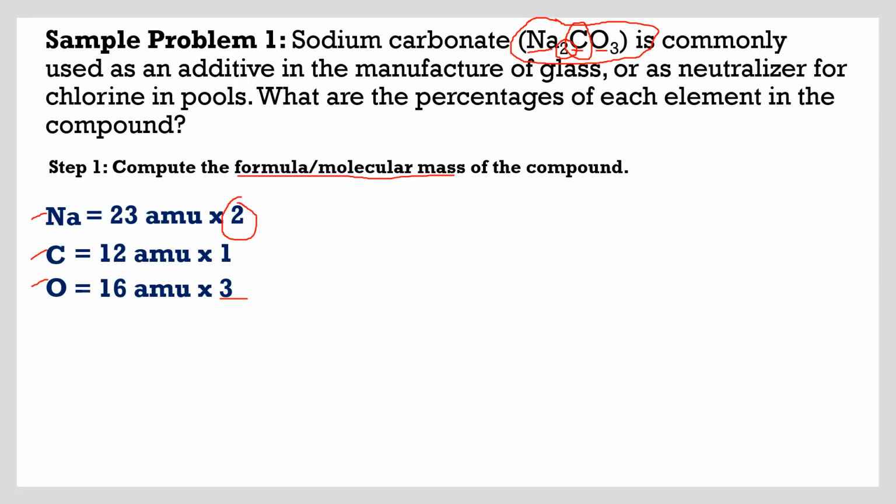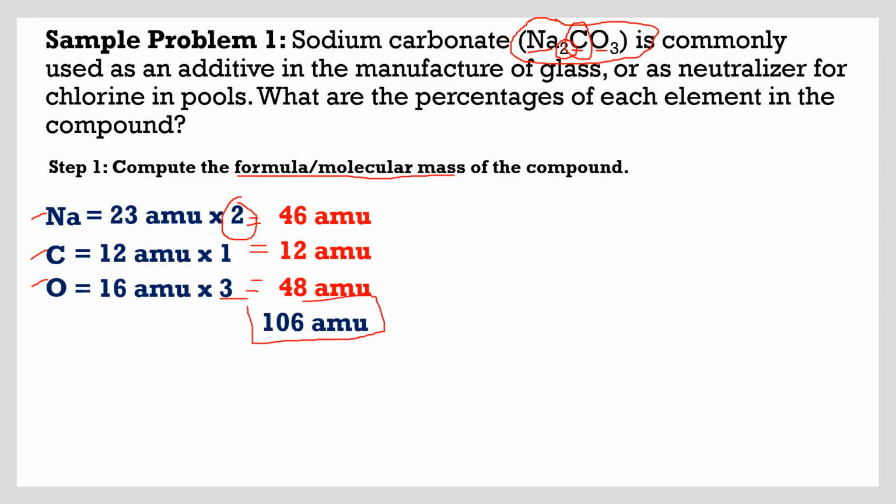So 23 times 2 is 46. 12 times 1 is 12. And 16 times 3 is equal to 48. Then you add these 3: 46 plus 12 plus 48 will give you 106 atomic mass units. So this 106 is now our formula or molecular mass.